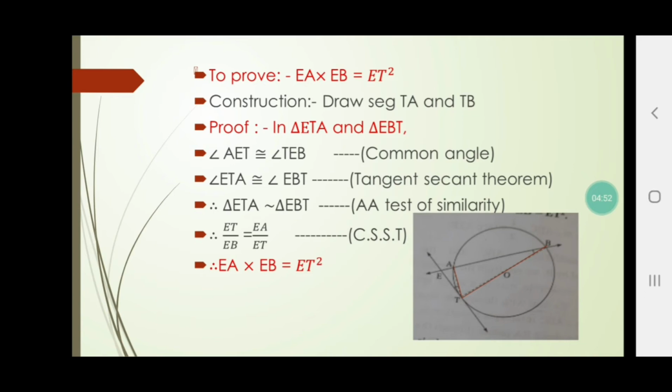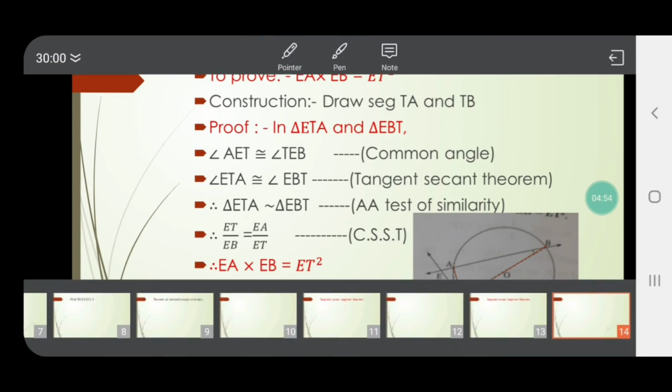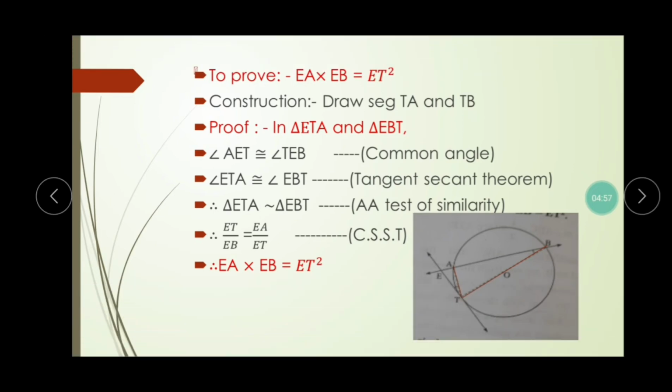Now the two triangles are similar to one another by AA test of similarity. So their side ratios will be ET upon EB is equal to EA upon ET. Cross multiply, so it will be EA into EB is equal to ET square.